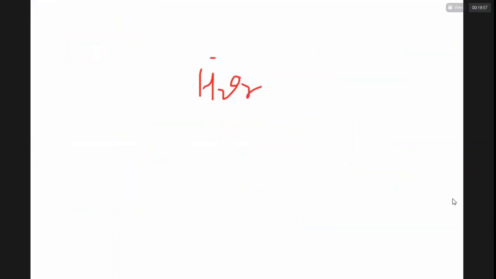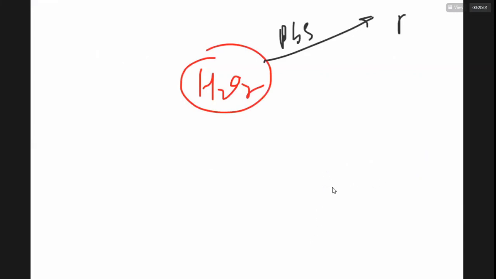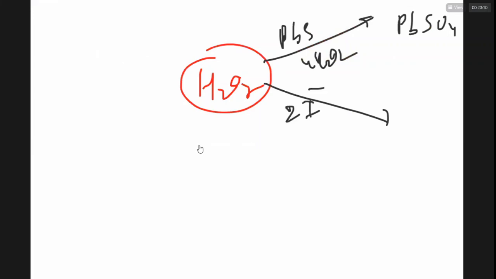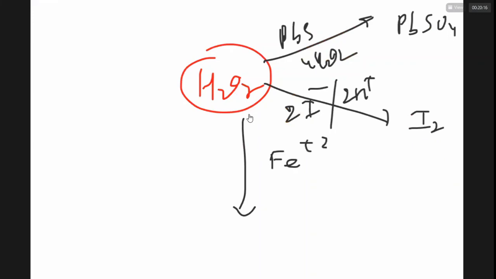Let us clear this and rewrite. H2O2, when it acts like an oxidizing agent, converts PbS to PbSO4. 4 moles are needed. No acid or base. It reacts with iodide ions in presence of H plus to give iodine. It reacts with ferrous ions, where 2 ferrous ions in acidic medium or even in basic medium can lose electrons to give ferric.